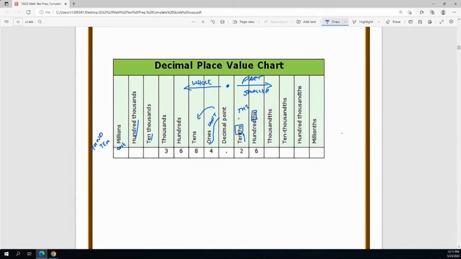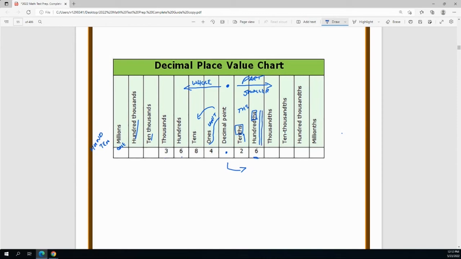For instance, this number that's listed up here is 3,684. Now, we've practiced that before. But what we want to practice is what's on the right side. If I have 0.26, I'm going to show you how this works. You'll notice that you have the number 26, and this 6 is actually ending on this position here.